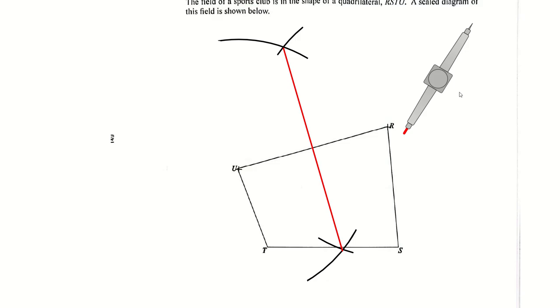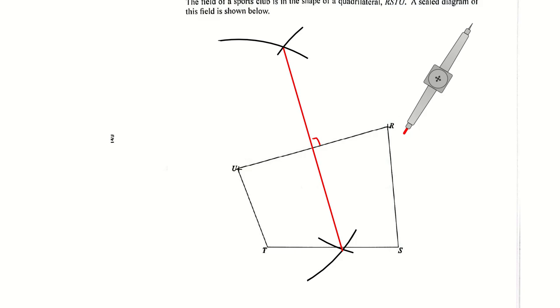How to find the perpendicular bisector? You open your compass more than half the line, you put it on one side and draw an arc on top and bottom, and you do the same thing for the next side, and where those two intersect, you draw a line connecting the intersections between the arcs on top and the bottom, and that would be a perpendicular bisector. So this is intersecting at 90 degrees, and you can use a protractor to check to make sure it's correct, but this is how it is.